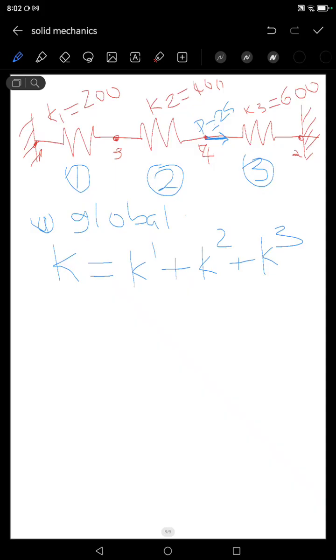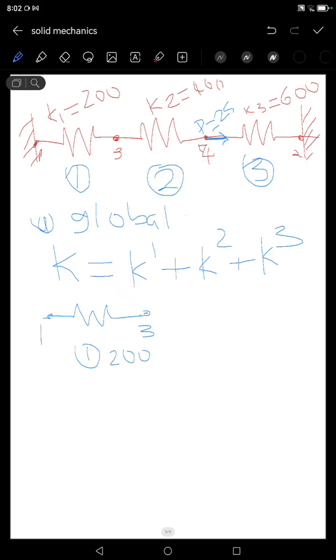So to determine K1, K2, K3, we have to write them in matrix form. Remember, the first step is to split the elements. So we're going to have element 1, which is 200, where we have 1 and 3, okay?